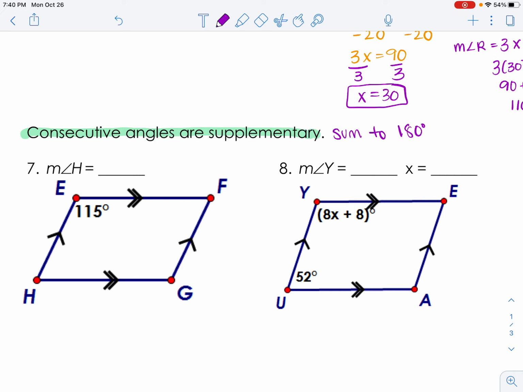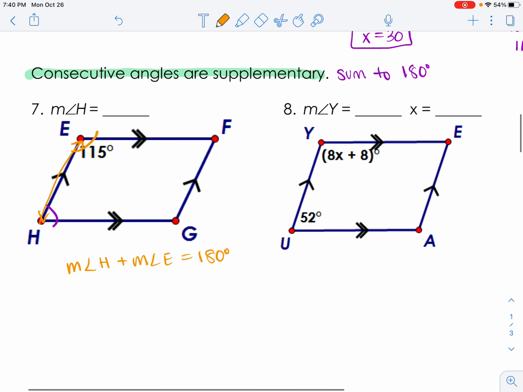So in number 7, I want to find the measure of angle H. Angle H is a consecutive angle with angle E because they are right next door to each other. That means that the measure of angle H plus the measure of angle E must equal 180 degrees because they are supplementary.